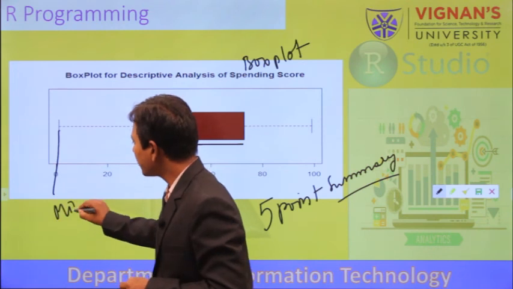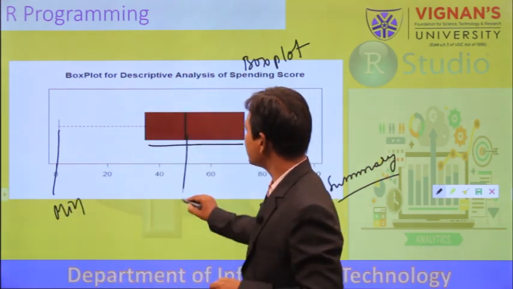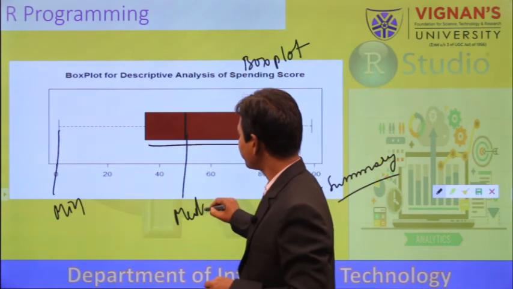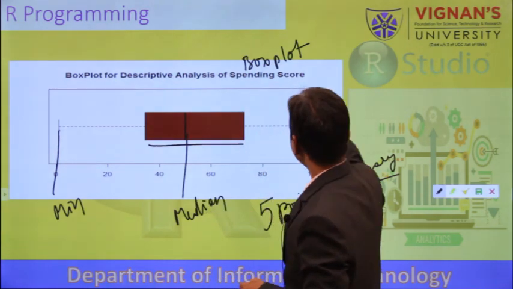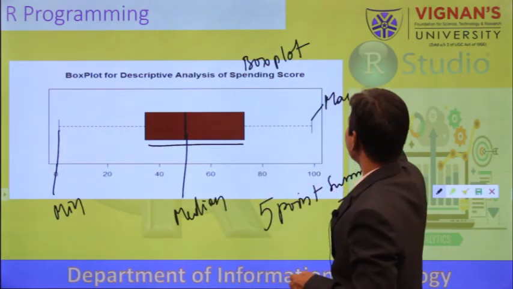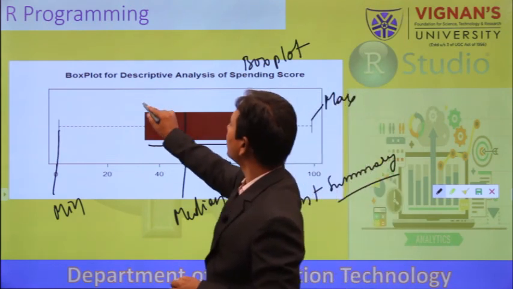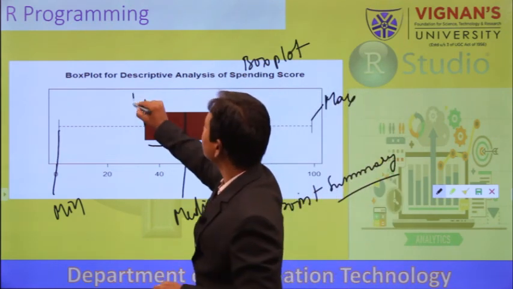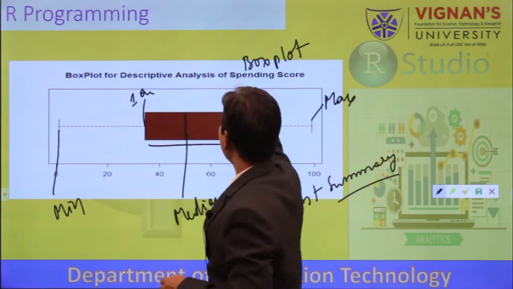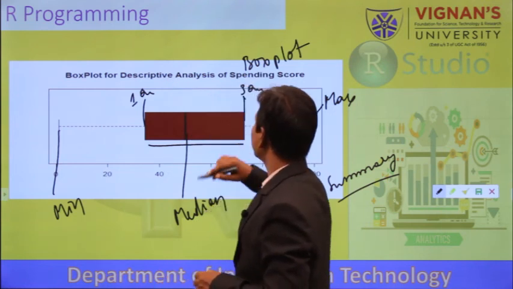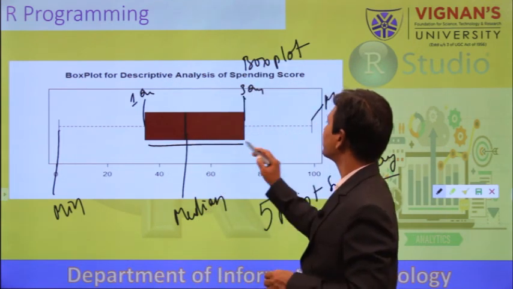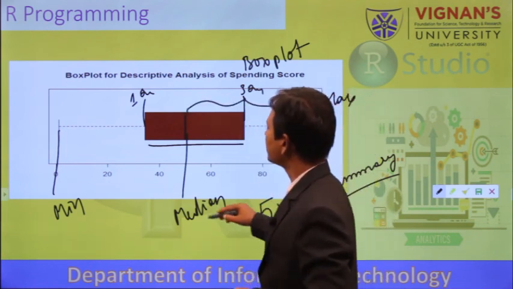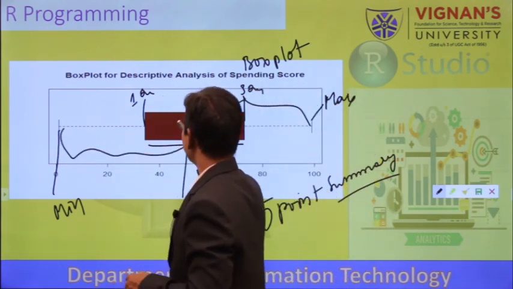This is the minimum value, this is the median value, and this is our maximum value, and these two are the quartiles. This is the first quartile and this is the third quartile, that is the center point of this part and the center point of this part.